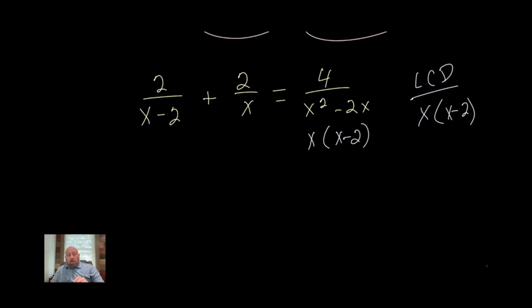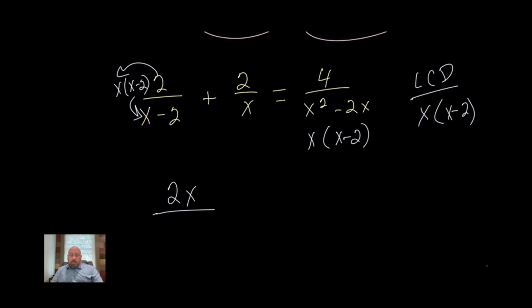Now, we multiply everything times this LCD. So this is going to be x minus 2. What do we need to multiply this by to get this, right? Well, by the x. So the 2 needs to be multiplied by the x. So we're going to get 2x over, and this is going to cancel right there.